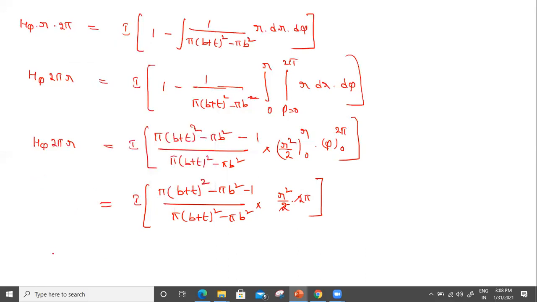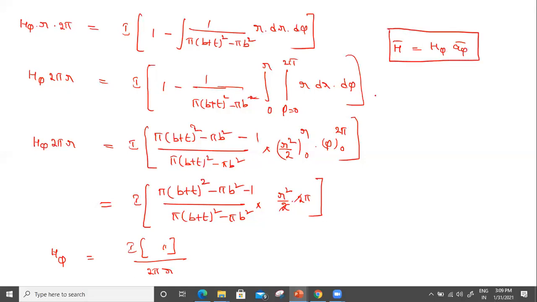So from this I can write H phi equals I into, if you want to simplify you can simplify, I'm keeping it as it is, by 2 pi r. As it is, I've written this equation here in the braces. You can write this as H phi. Once you know H phi, you can write H bar equals H phi into a phi bar. This is the overall expression for the third case, coaxial cable third case.